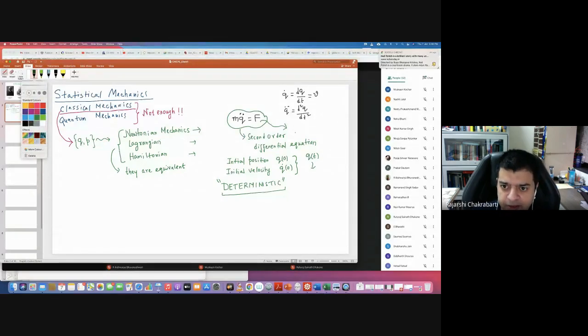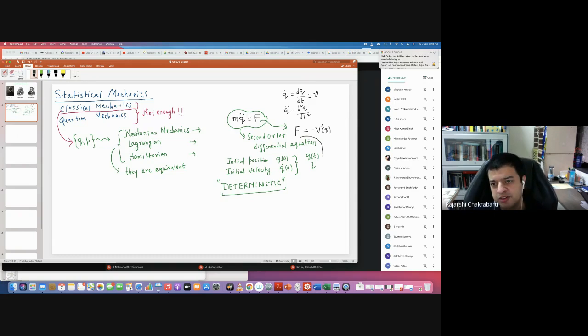So the force is given by the negative of the derivative of the potential with respect to position. How many of you know this notation? Whenever I use prime, it basically means derivative with respect to position. Whenever I put a dot, it means derivative with respect to time. Is this clear?